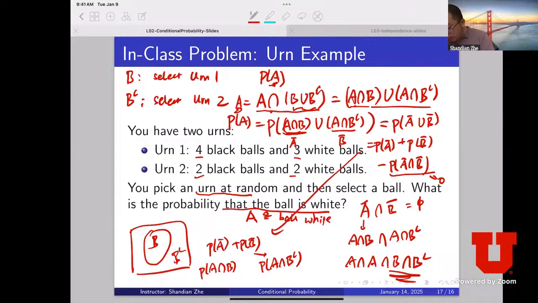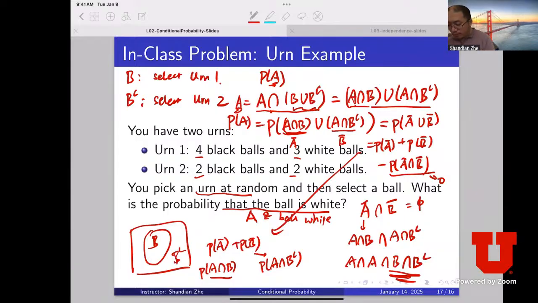So let us look at this event. The probability of A intersection with B. What does it mean? B is defined as you select N1, right? And A is defined as you select the white ball. So the probability of A intersection with B means that you select N1, and then from N1 you select a white ball, right?